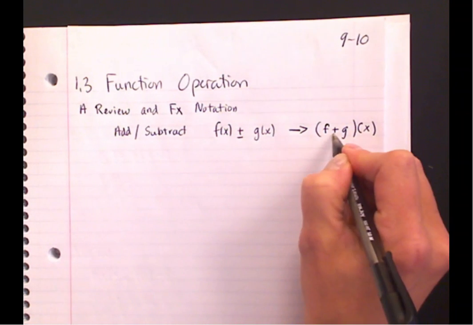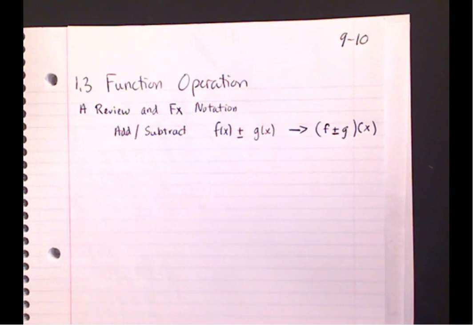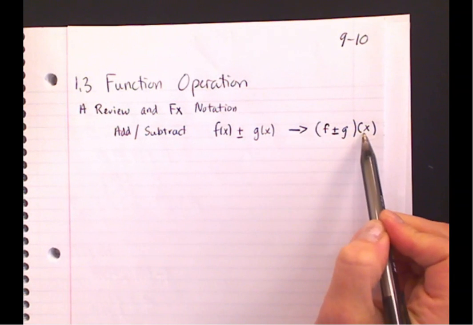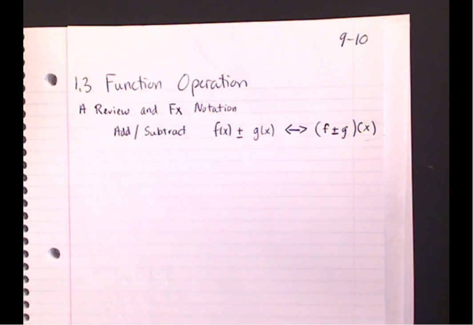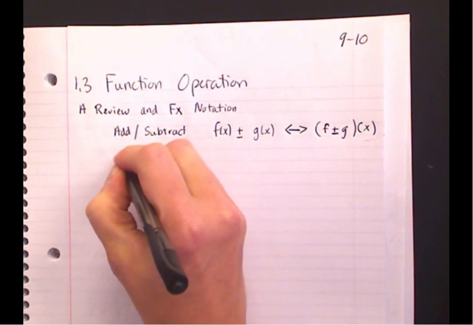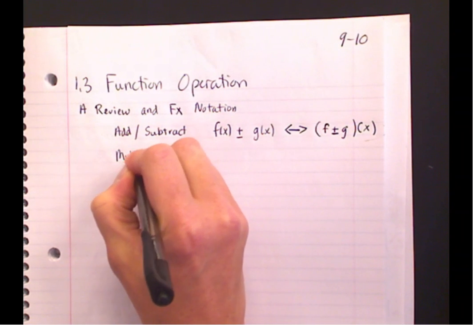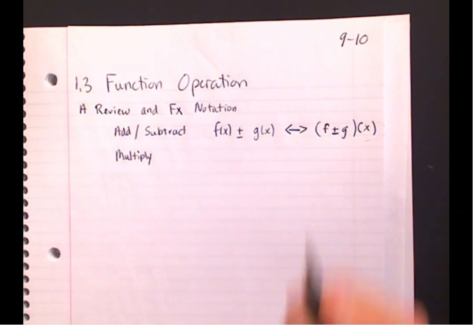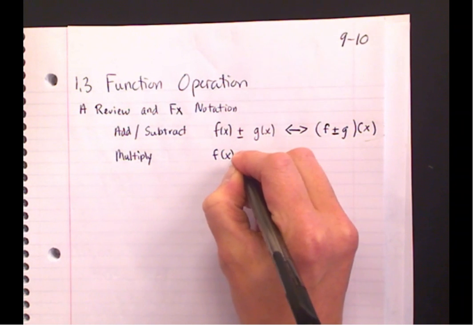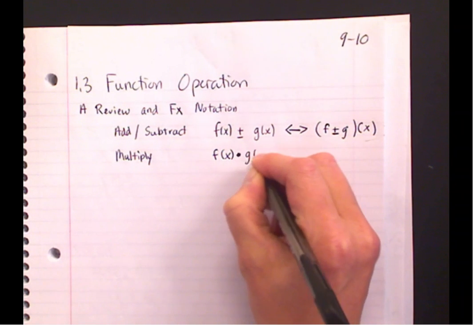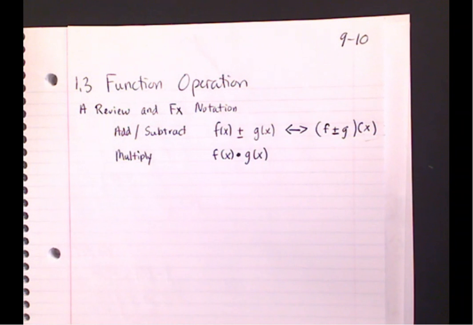We need to be able to read this notation and write it like this. You should be able to go back and forth between the two notations. Okay, multiply: f of x times g of x.